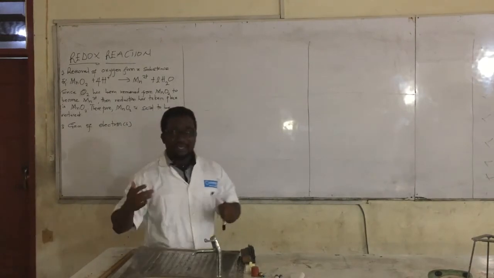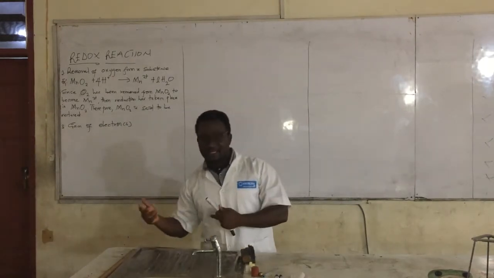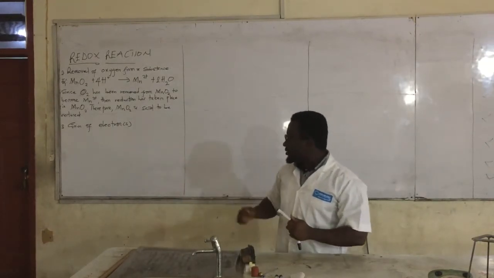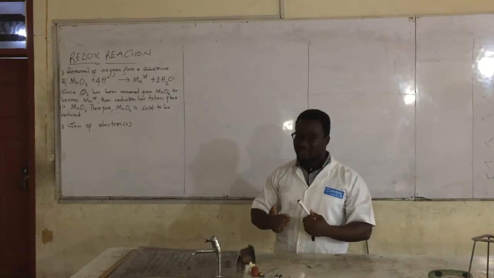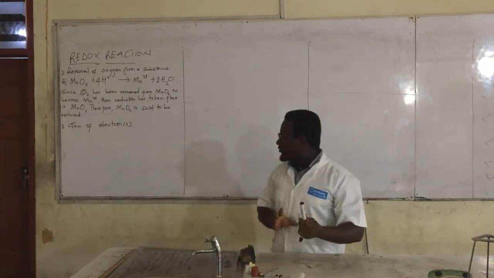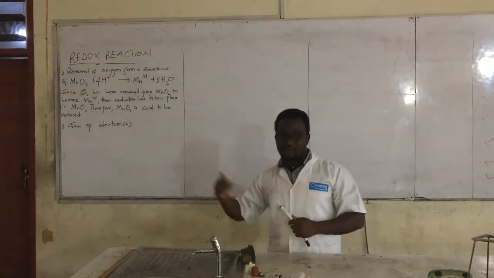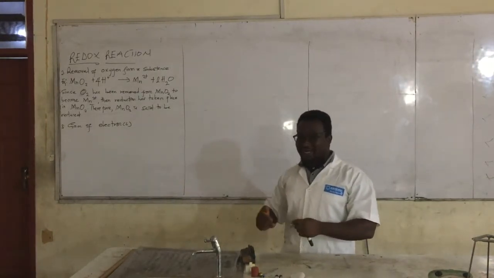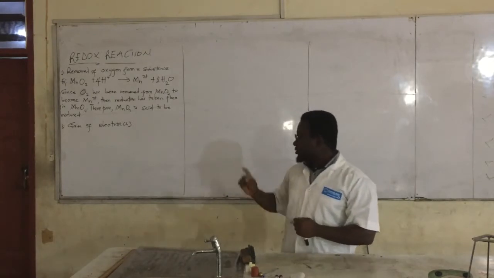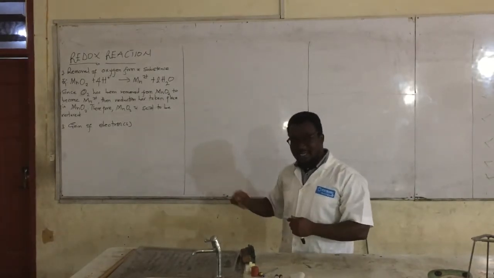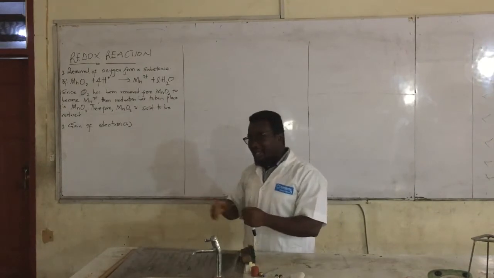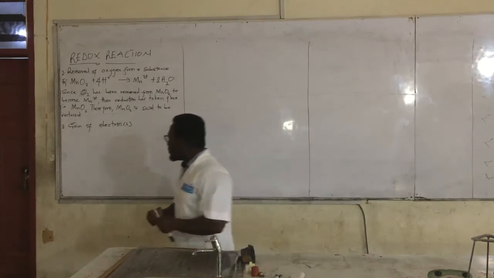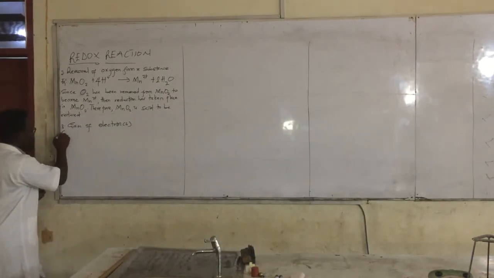Here I will explain some technicalities, as I did under the loss of electrons in oxidation, as to how to identify the site which has gained electrons and therefore undergone reduction, and the site which has lost electrons and therefore has undergone oxidation. So let's look at some simple examples.